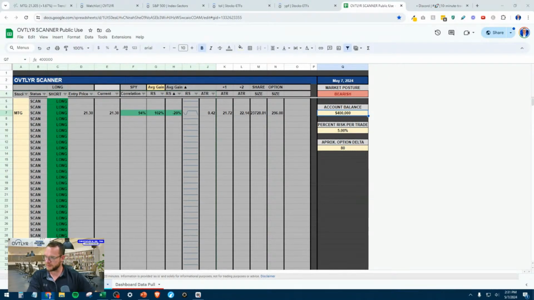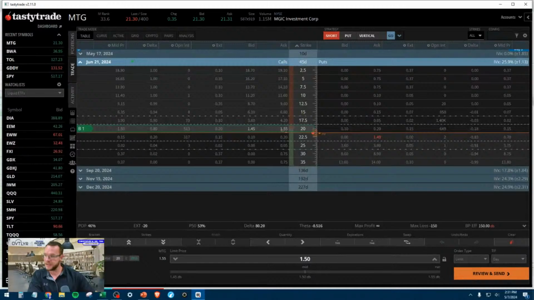I'm going to do the same on my other screen real quick. Give me just a second while it loads. Okay. So I'm going to MTG. I know my position size. Where am I looking? Here we are. MTG, June 21st, 20 calls.